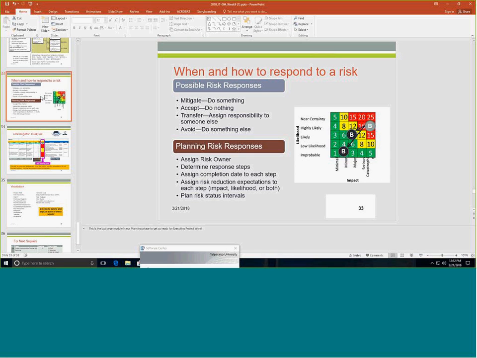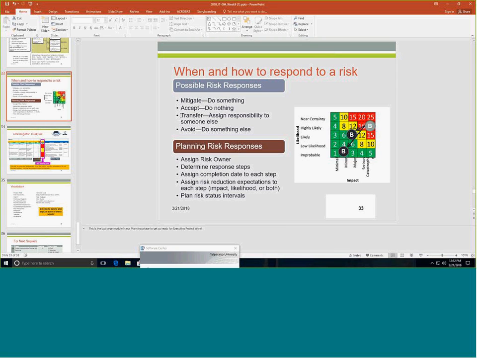Remember, the goal of risk management is, once we know the risks we need to manage, the red one or sometimes the yellow one, to figure out what we need to do to reduce the probability or to reduce the impact. So possible responses here are mitigate, which means we do something, and accept, do nothing. We already talked about that.